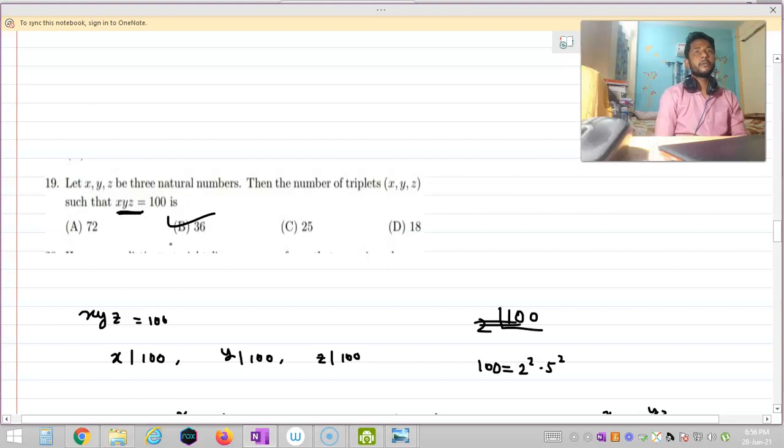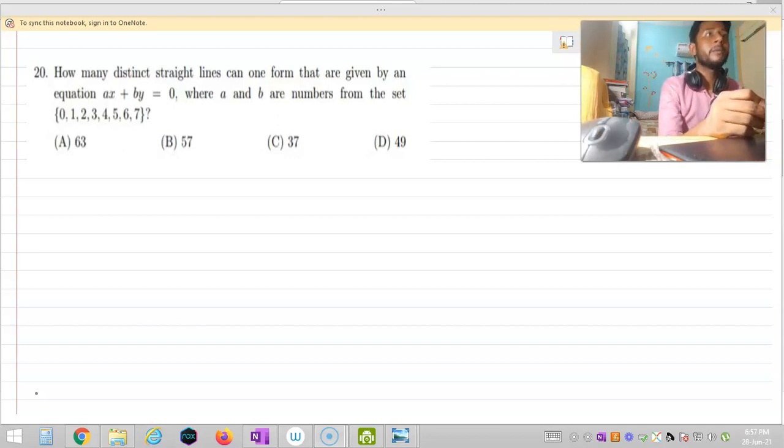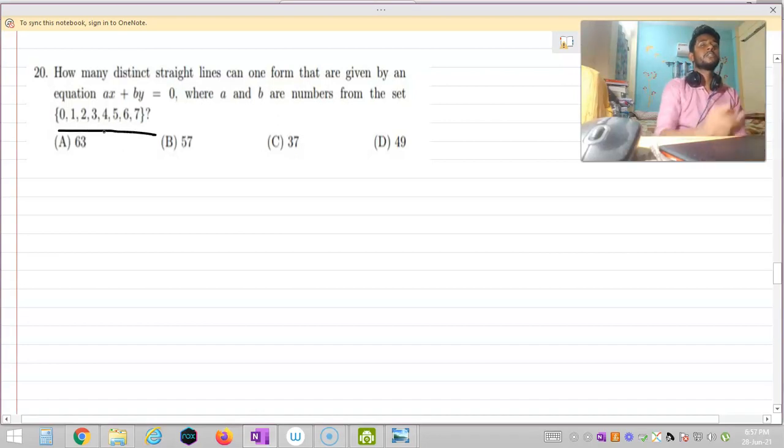Now let us solve question number 20, which says: how many distinct straight lines can be formed that are given by the equation ax plus by is equal to 0, where a and b are numbers from the set 0 to 7. So I have to find the number of distinct straight lines of the form ax plus by equal to 0 when a and b are chosen from this set.